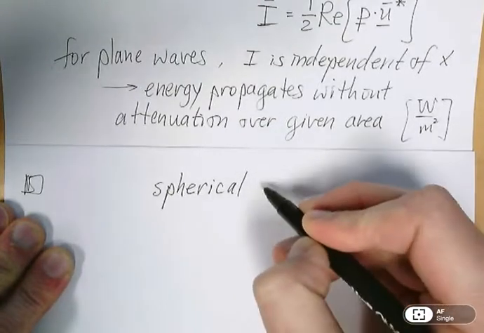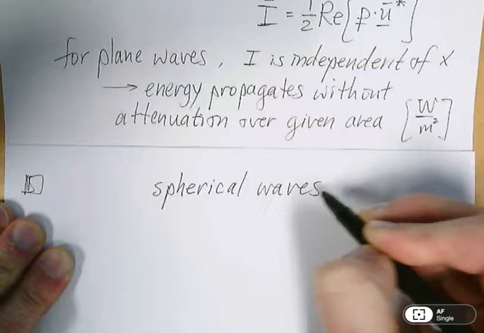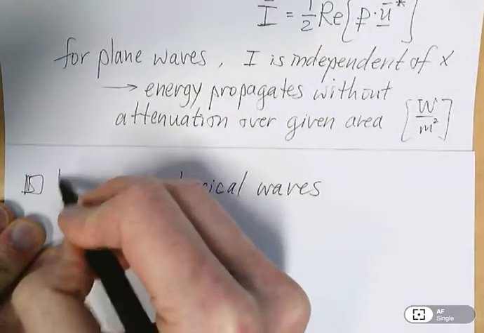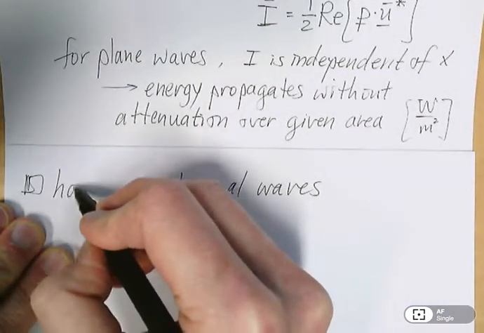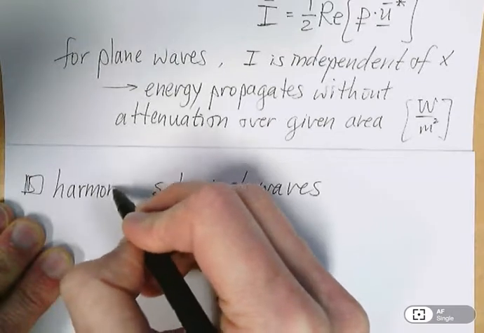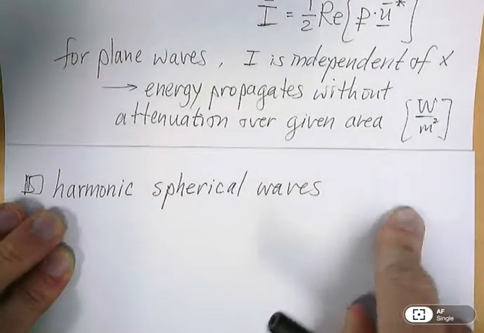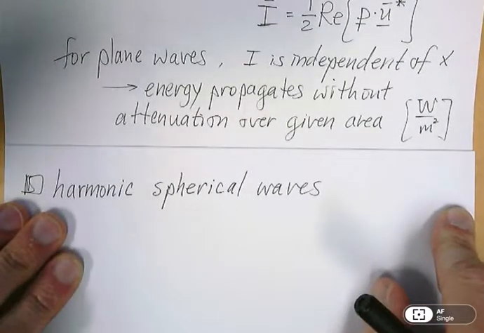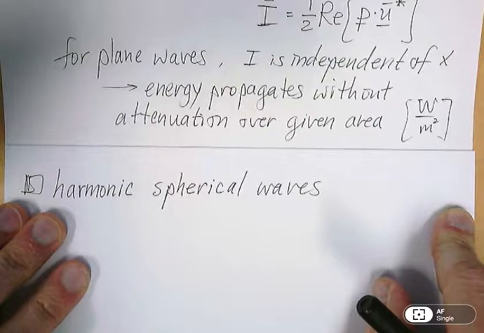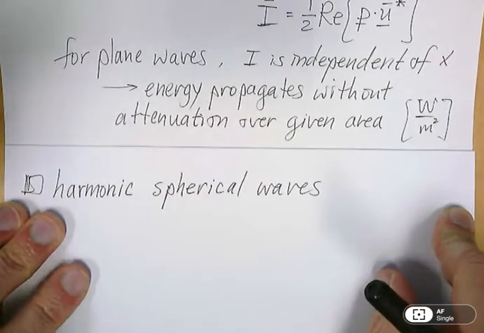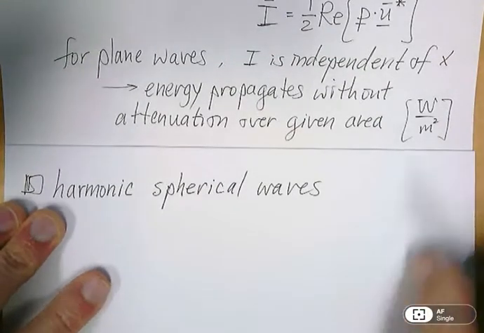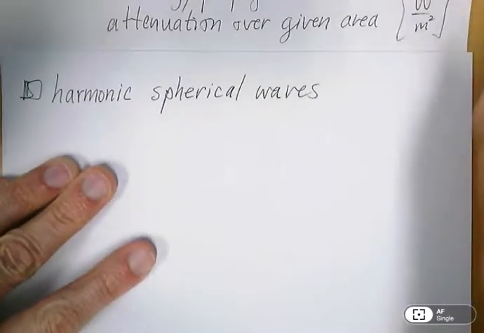So let's look into spherical waves, but specifically we'll dive right in to harmonic spherical waves. And we'll first introduce these today during this video lecture, and we'll cover them in greater detail on Thursday, the 21st of September.